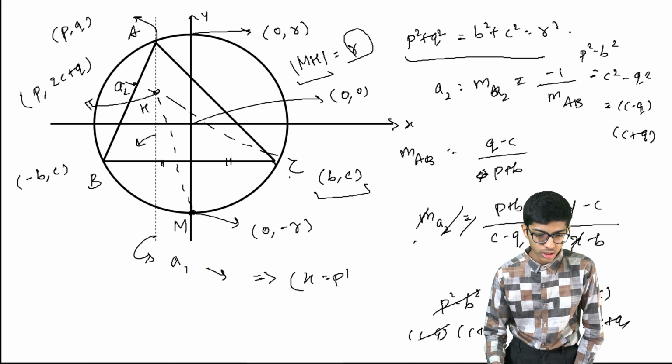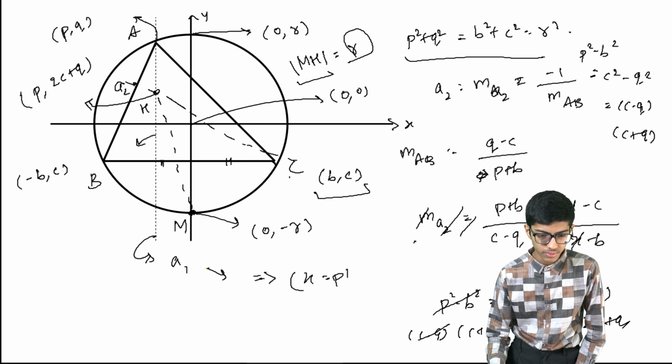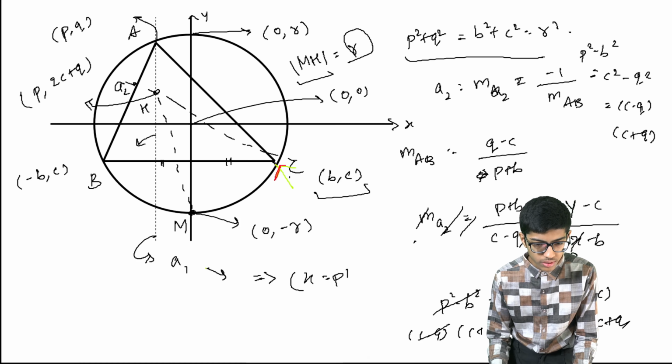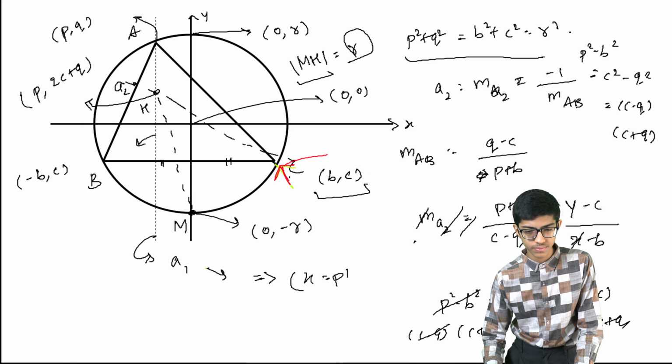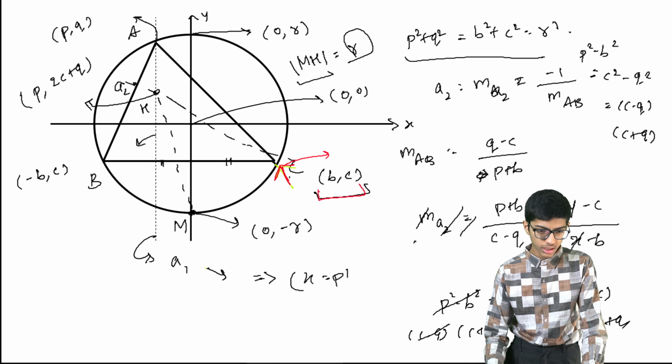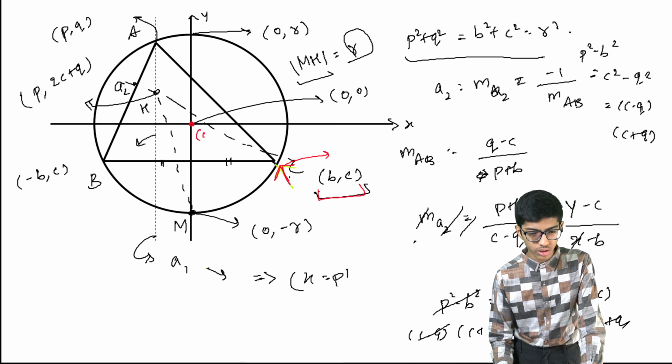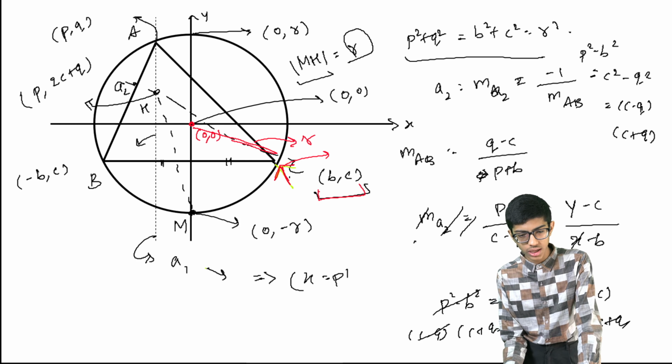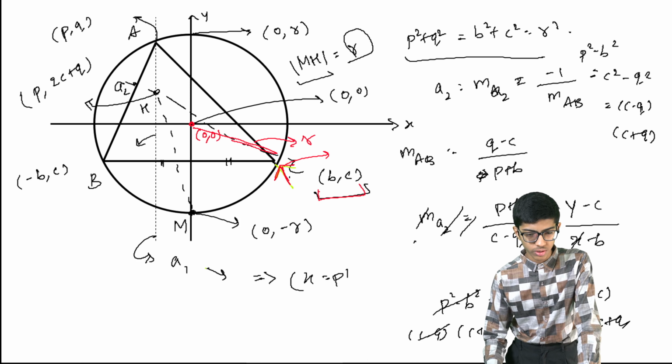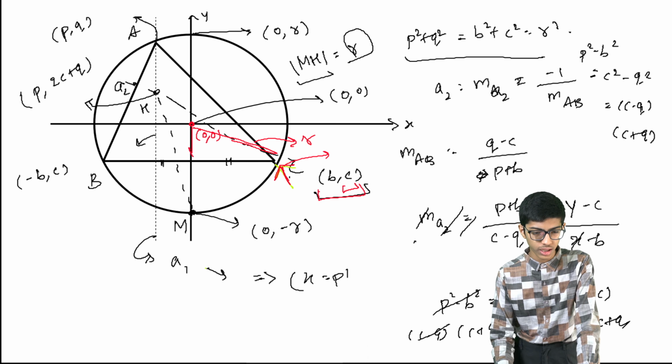Now for this point C, we had the coordinates (b, c). Now you may notice that we have the coordinates (0, 0) here. This value is r, and we found that the y coordinate c has a magnitude of r by 2.